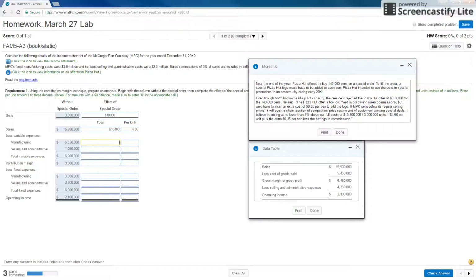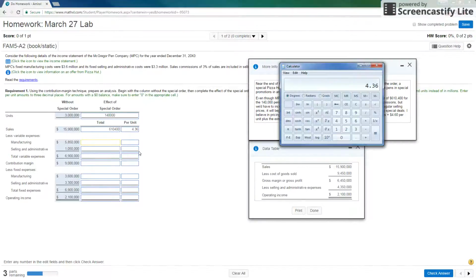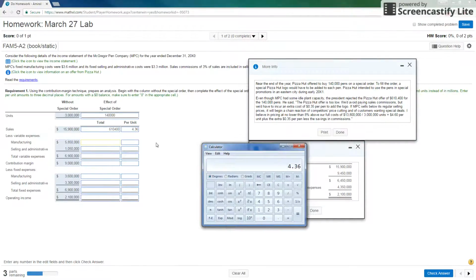Now for the variable cost of the manufacturing, we don't have any per unit cost so far, so we have to calculate this per unit ourselves. 5,850,000 divided by the 3 million pens that we are manufacturing right now gives us 1.95 per unit for each pen.